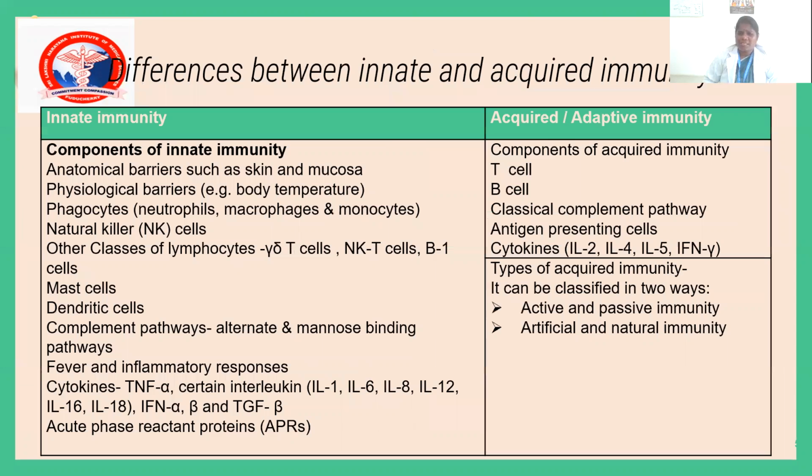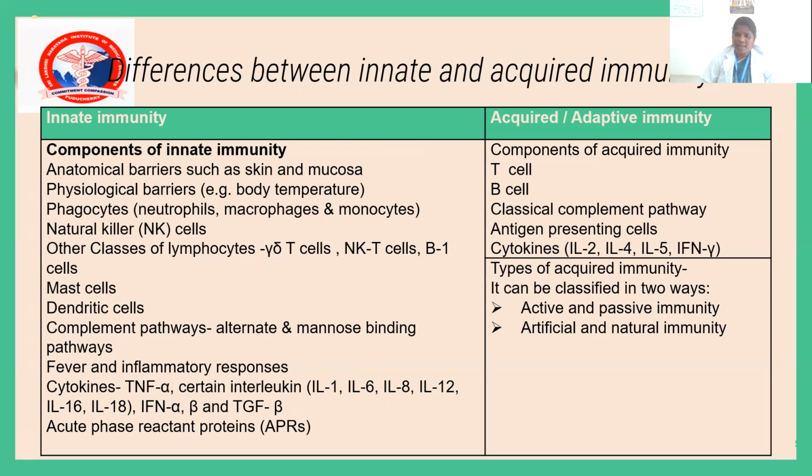Coming to the cells involved in innate as well as acquired immunity. A few participate in innate immunity: the anatomical barriers, skin and mucosa, which are normally present in our body, and phagocytic cells, natural killer cells, macrophages, dendritic cells, some complement, like the alternative and lectin pathways, and some cytokines produced as secretory molecules.